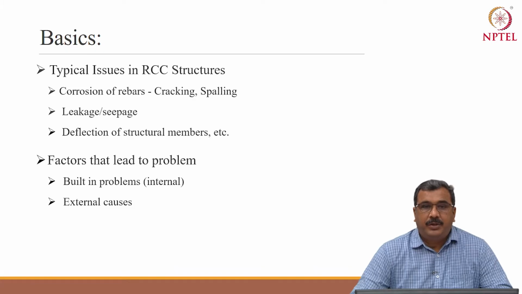It can affect your structure. If it is in a coastal environment, we have come across that within a span of 3 to 5 years of construction, because of environmental effect, there are major issues.